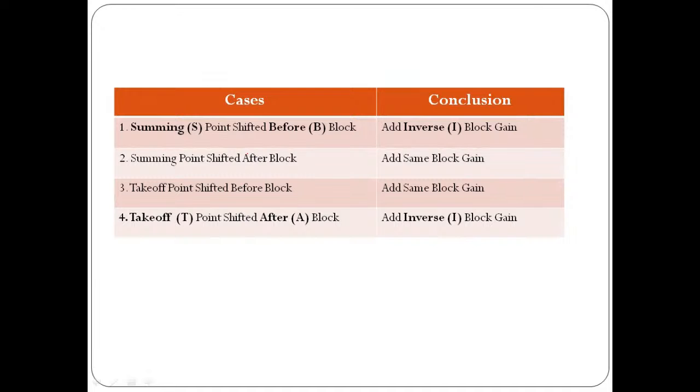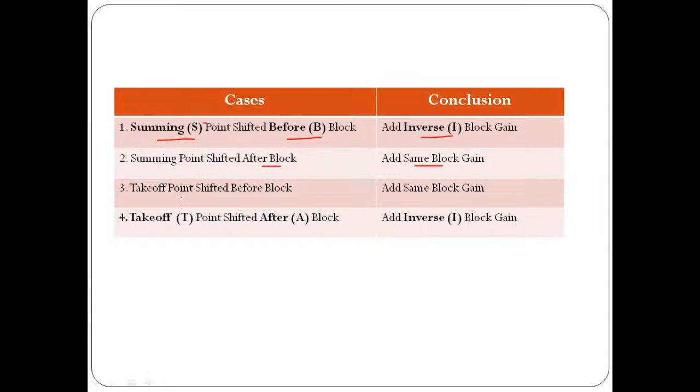If you are done with this, now let us make a quick revision of these four rules. Whenever we have a summing point, and if we shift that summing point before a block, we need to add inverse block gain at the summing point. In the same way, if we shift that summing point after a block, we need to add same block gain.